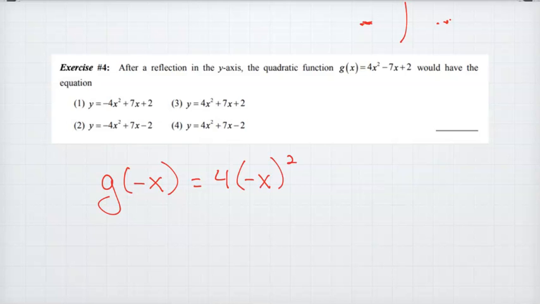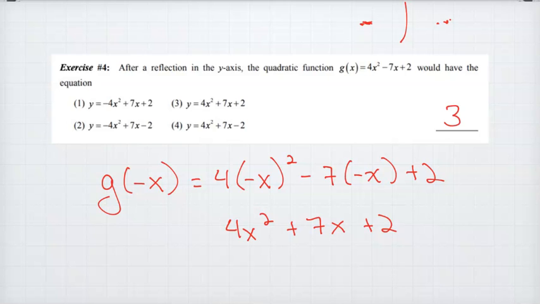So I get negative x squared minus 7 times negative x plus 2. Negative x squared is still x squared, so this stays the same. But negative times a negative here is a positive 7x plus 2. So 4x squared plus 7x plus 2 is option 3. That's a reflection in the y-axis.